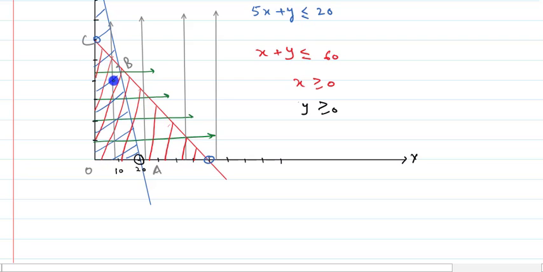So you should know the definition of feasible region as well. Feasible region is the common region determined by all the constraints including non-negative constraints. Here we have also included x greater than equal to 0 and y greater than equal to 0. That's why we are saying it is the common region obtained from all the constraints including non-negative constraints.